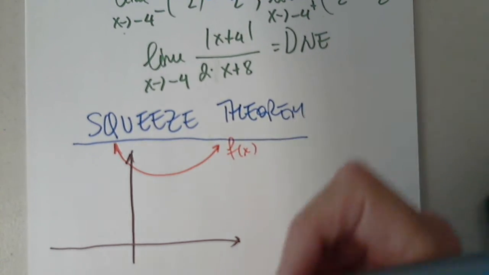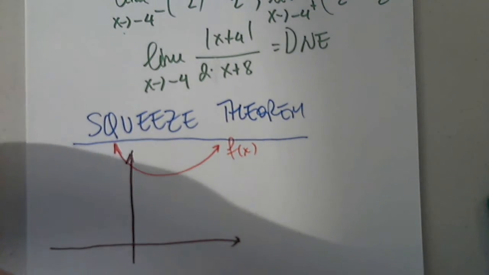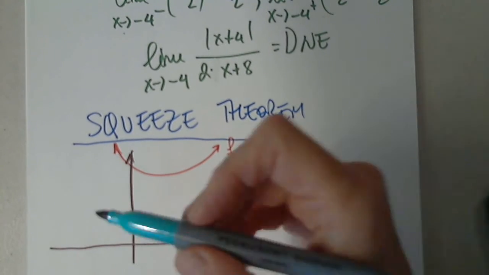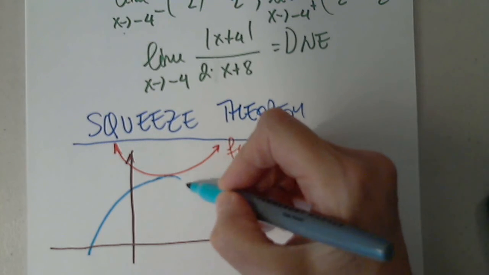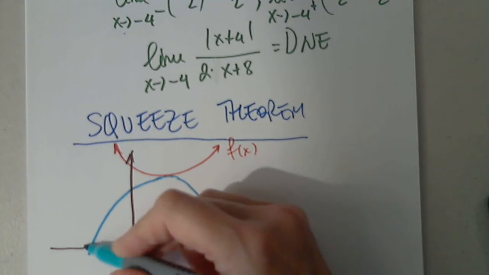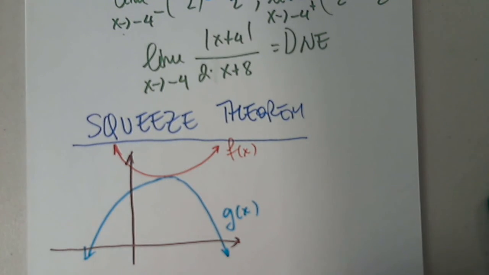I'm going to call it f of x. And there is another function, let's say that is this. And let's suppose I have a function that is right in here.